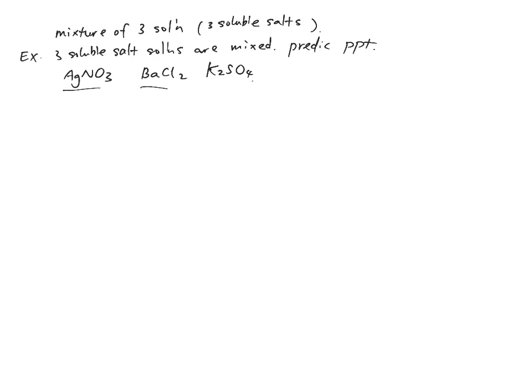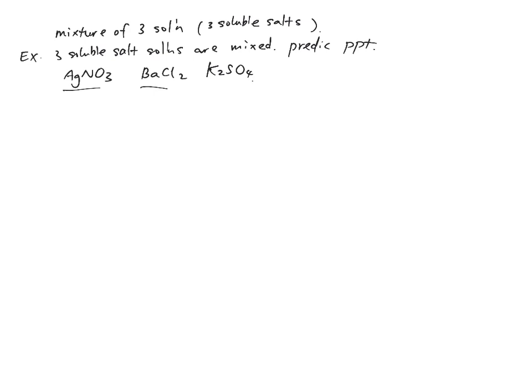Now, if it's only two out of these three, whether it's silver nitrate and barium chloride, or barium chloride and potassium sulfate, or silver nitrate and potassium sulfate, it should be very easy for you to predict products or predict precipitates as long as you know your solubility rules. It's very straightforward.